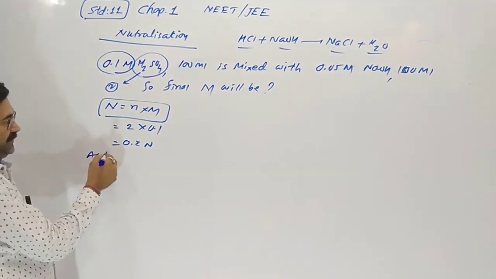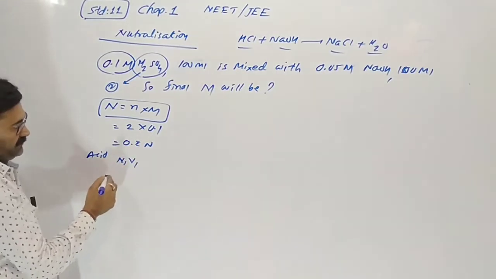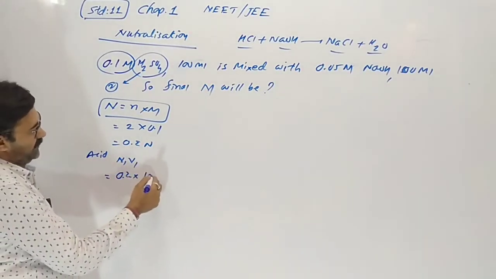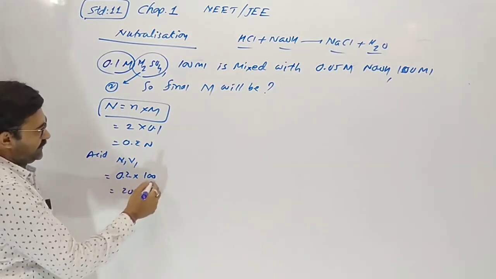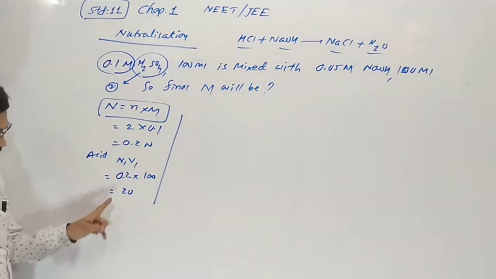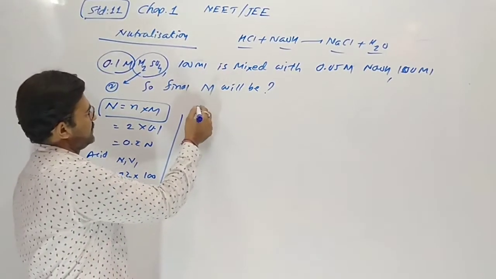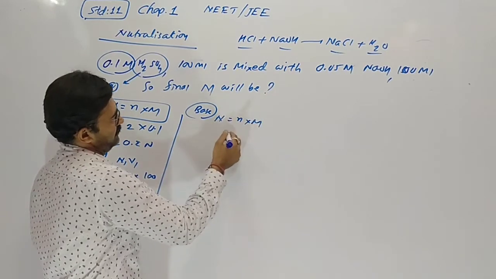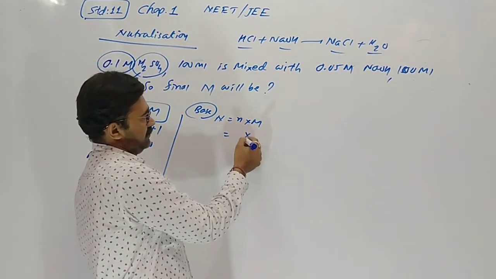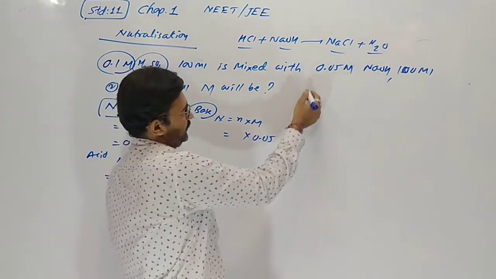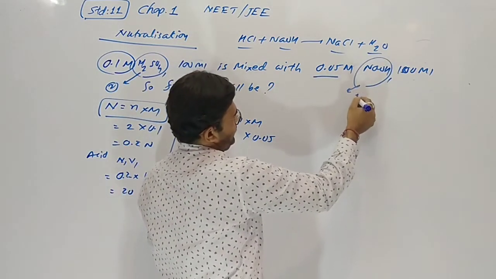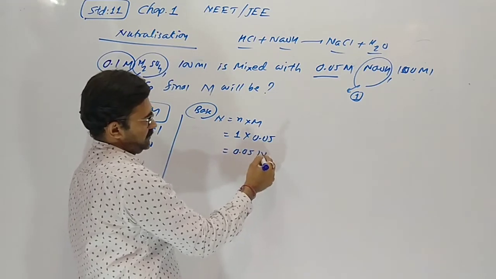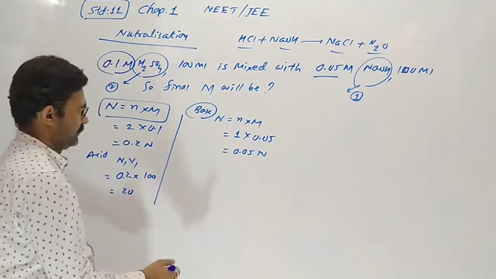So for acid, N1V1 is 0.2 into volume 100, so 20. For base, the normality of NaOH, molarity is 0.05 given. Here the basicity of NaOH is 1, so it is 0.05 normal.